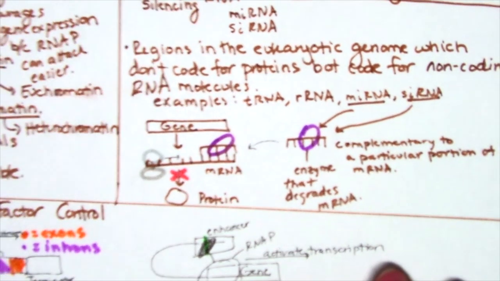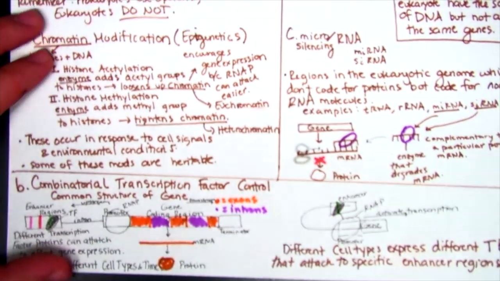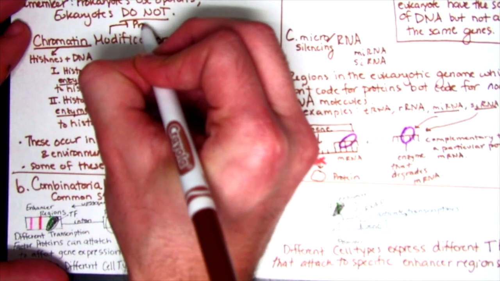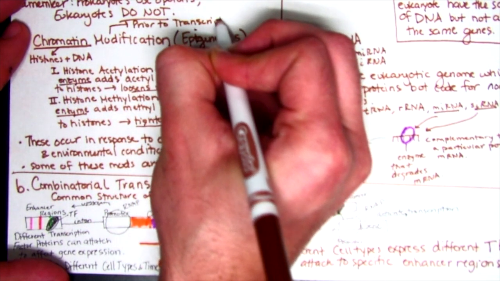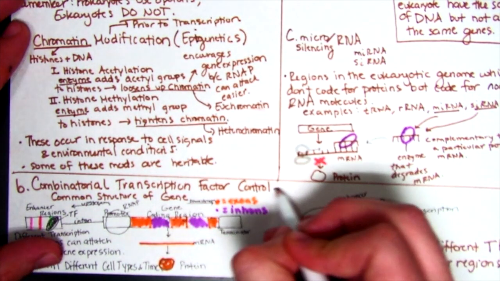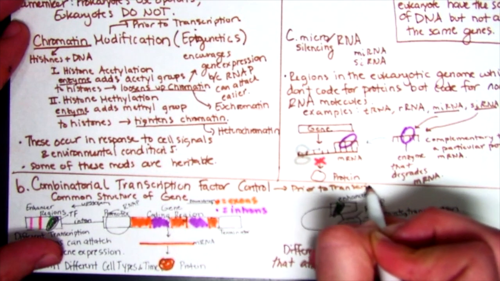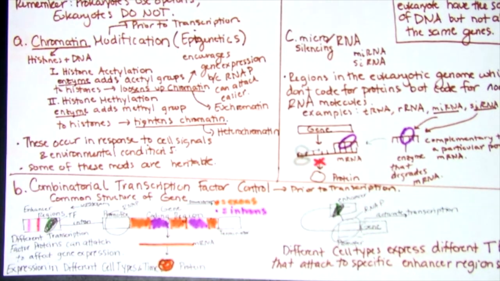If you noticed here, this chromatin modification is regulation prior to transcription. Same thing here. Both options A and B work by preventing transcription from occurring.